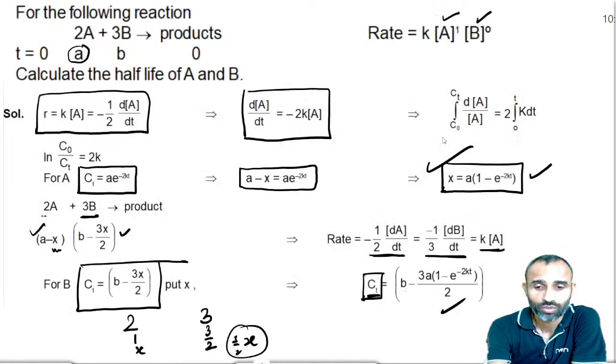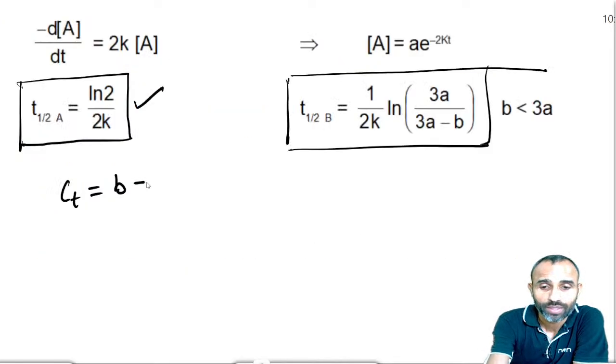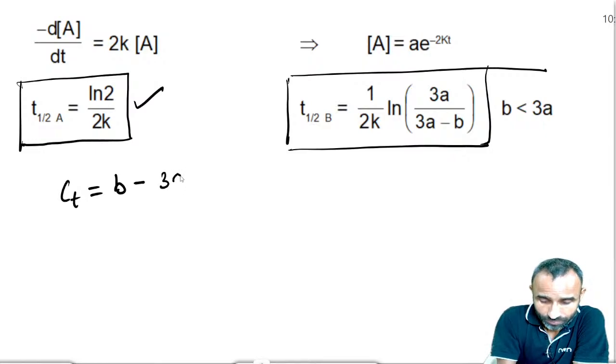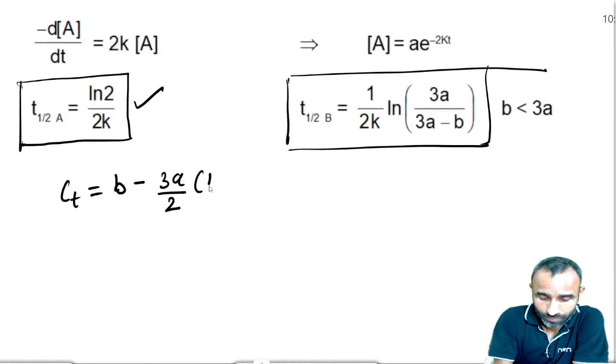Because this is t. For this, it was B minus 3a by 2, 1 minus e raised to power minus 2kt.